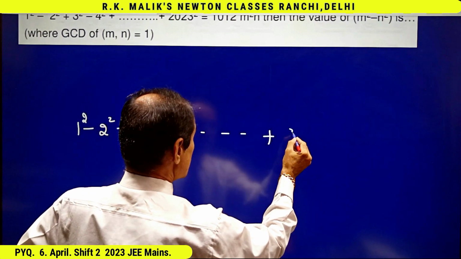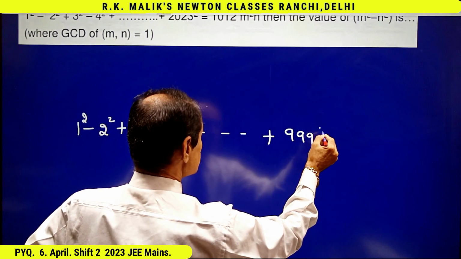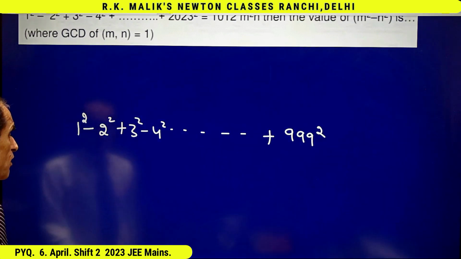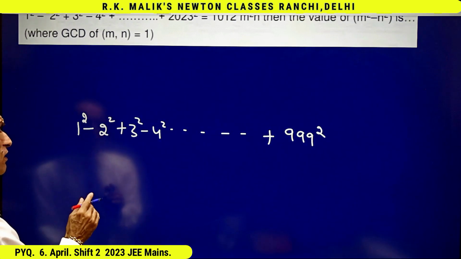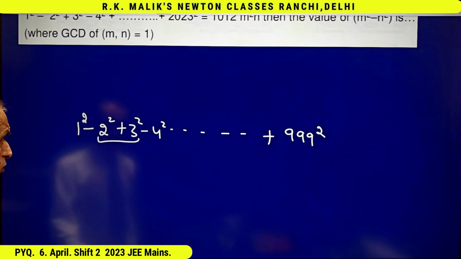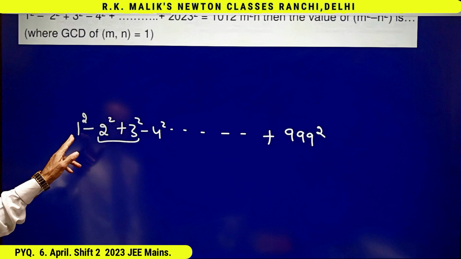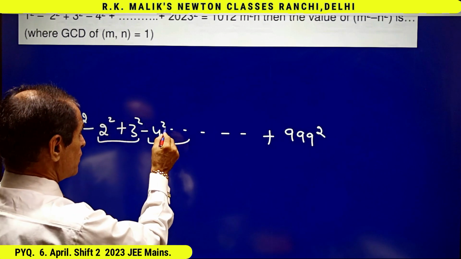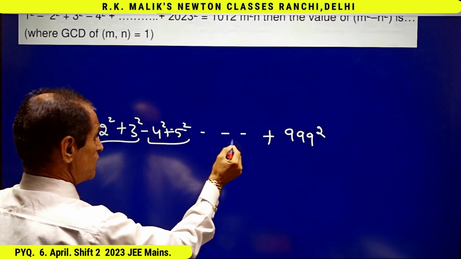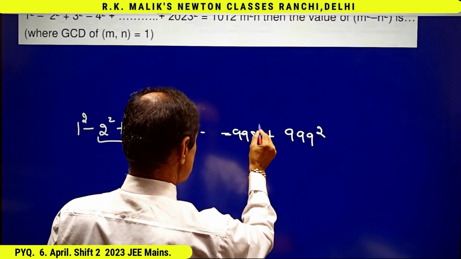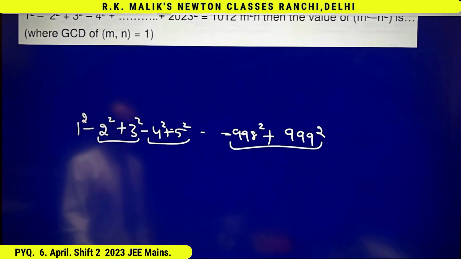Suppose up to 999 square is there. Again, as I told you, instead of starting pair from here, start making pair from here because the number of terms are odd. Therefore, if I keep it aside and start making pair in this way, that will be slightly better.